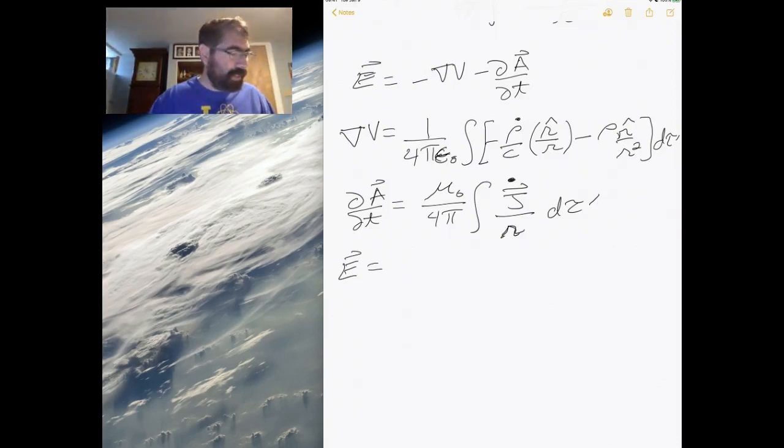So first I'm going to write everything out. 1 over 4 pi epsilon naught, taking the integral.